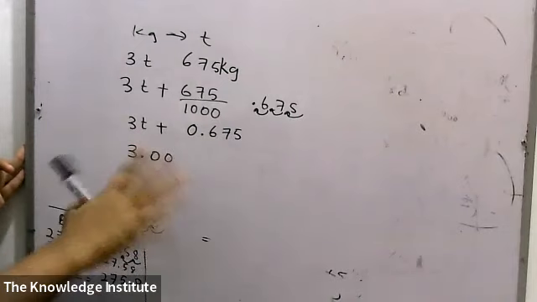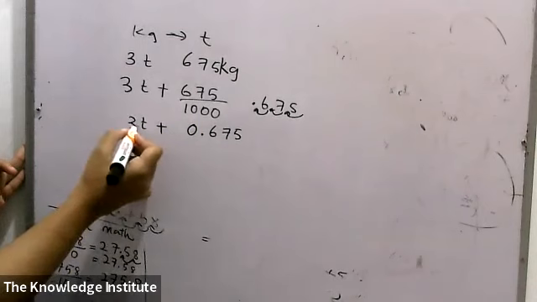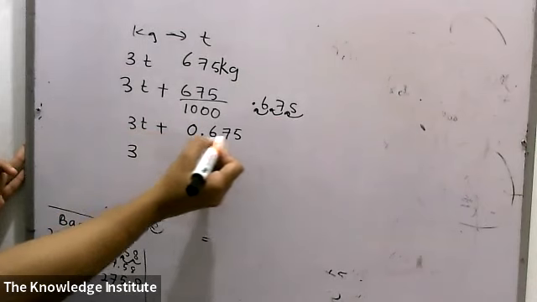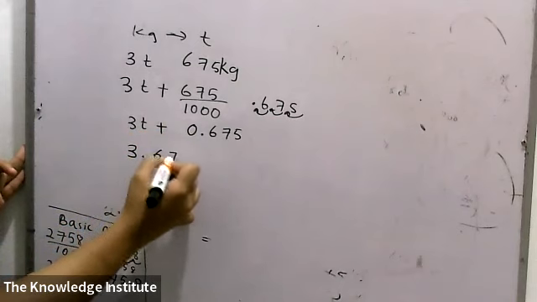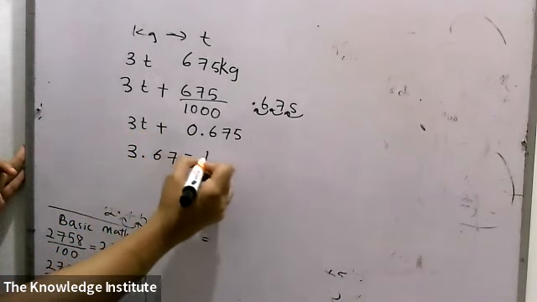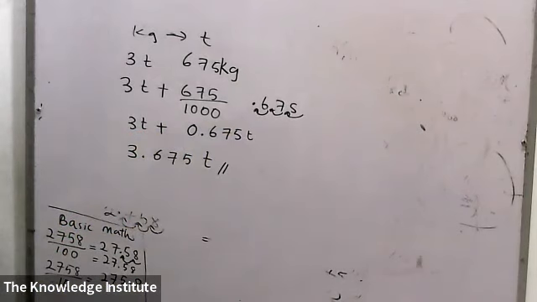Why we don't show it is because 0 doesn't have a value. Therefore, you have 3 here, you have 0.675 here. When you add, it will become 3.675 tons. Did you understand? Okay, you can copy this down.